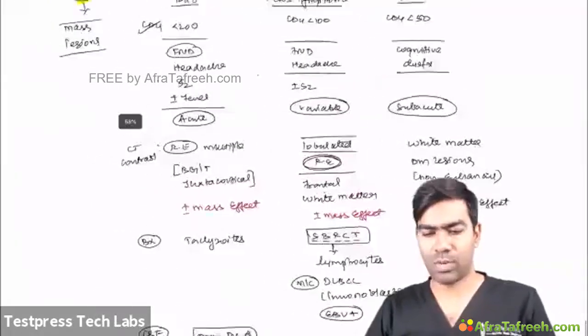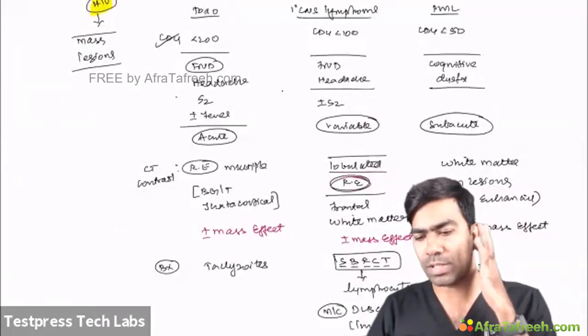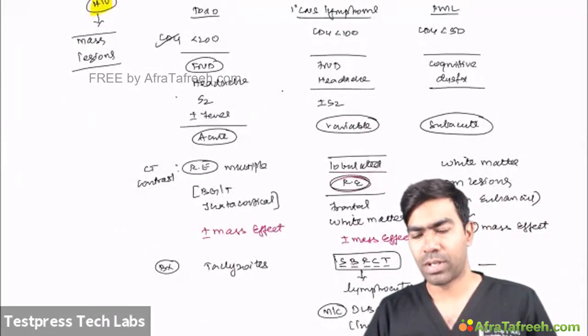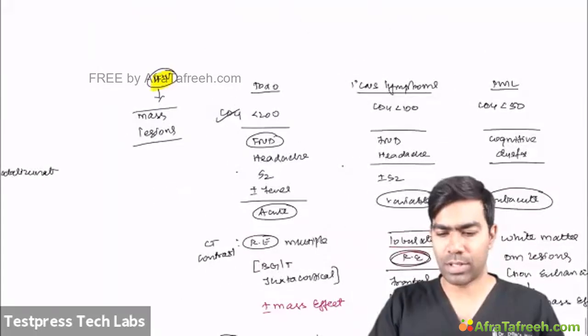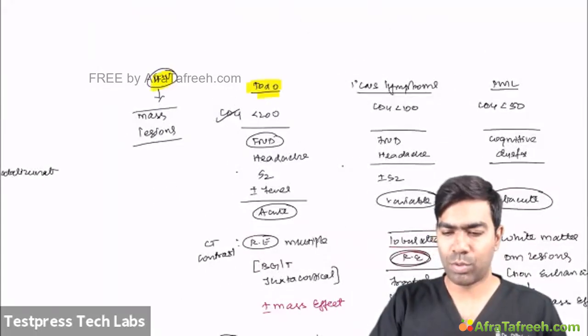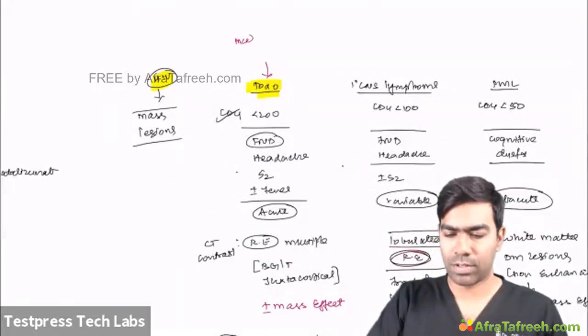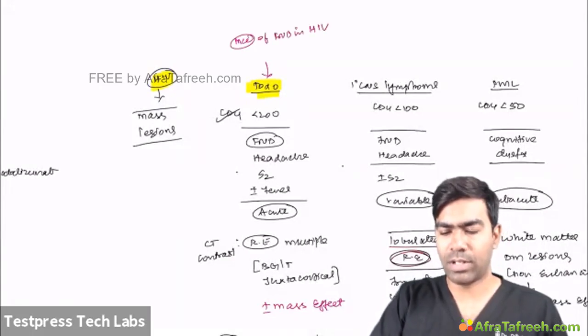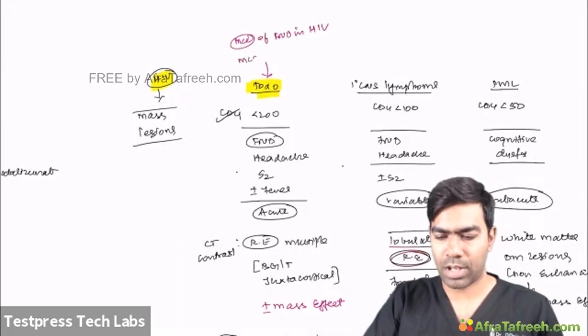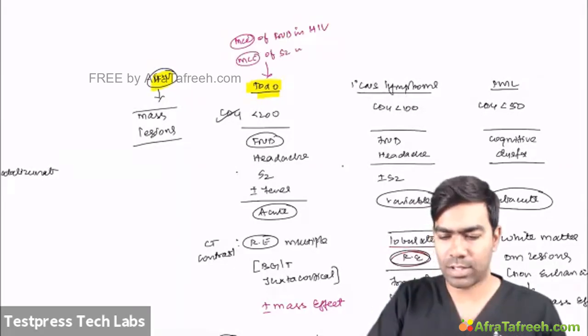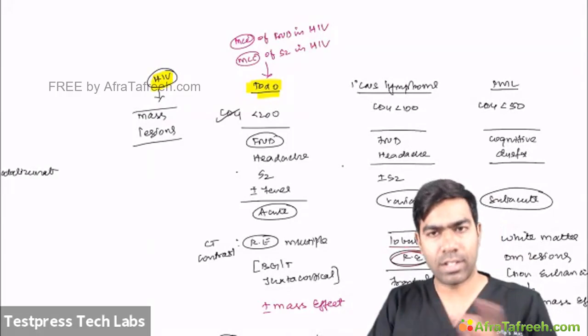So we know how to differentiate all these three conditions: toxoplasma, primary CNS lymphoma, and progressive multifocal leukoencephalopathy. If somebody asks you the most common cause of focal neurological deficit in HIV patients, the answer will be toxoplasmosis. If somebody asks the most common cause of seizures in HIV patients, the answer is toxoplasmosis.